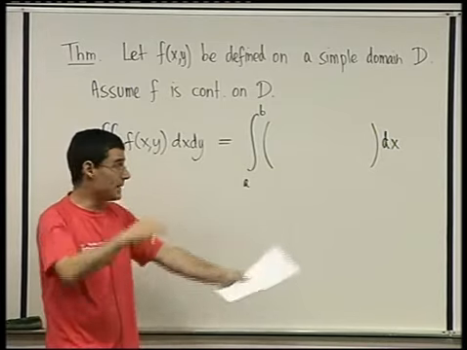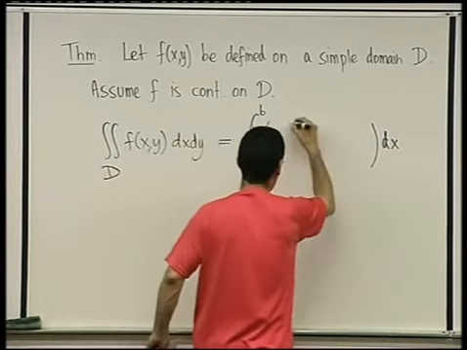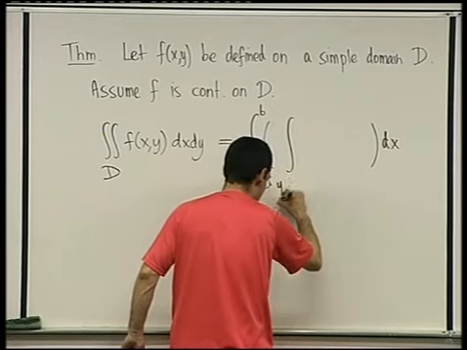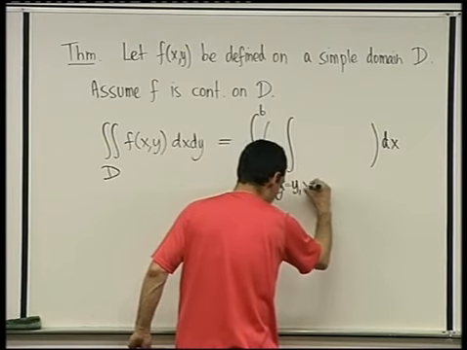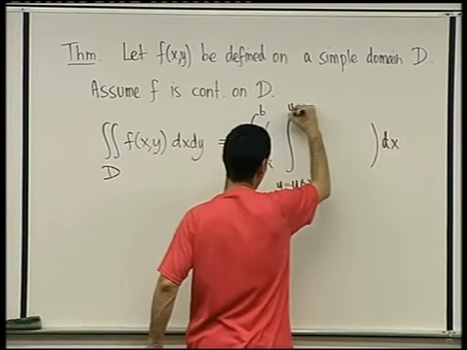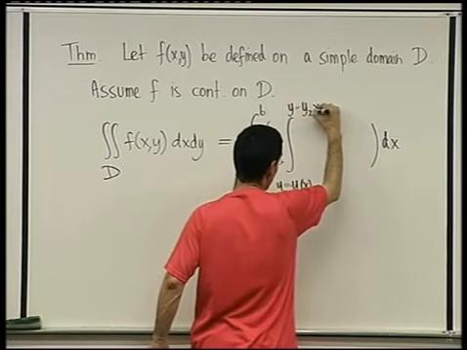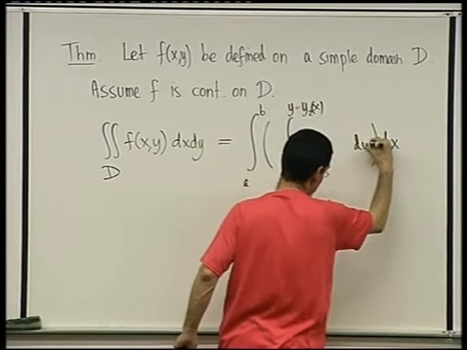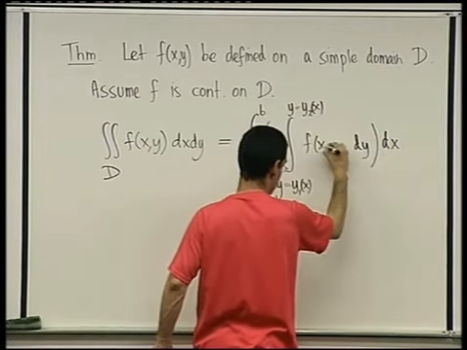But now the inner integral dy is going to be an integral from y equals y1 of x to y equals y2 of x dy of f(x,y).